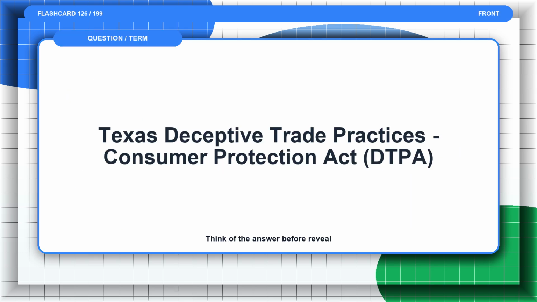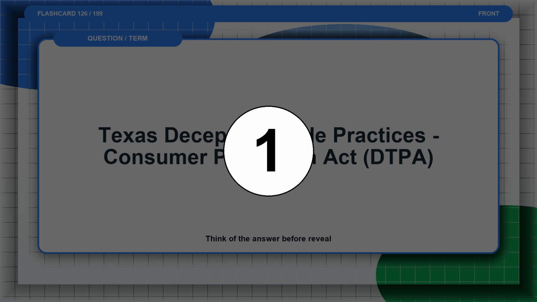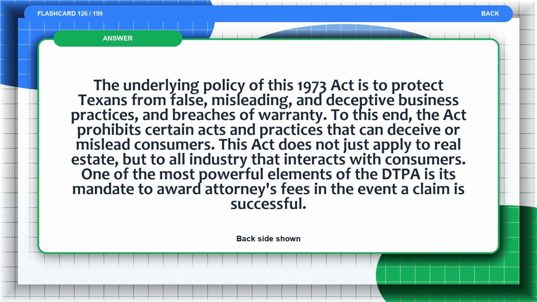Flashcard 126. Texas Deceptive Trade Practices Consumer Protection Act, DTPA. Pause and think of the answer before the reveal. The answer is the underlying policy of this 1973 Act is to protect Texans from false, misleading, and deceptive business practices and breaches of warranty.